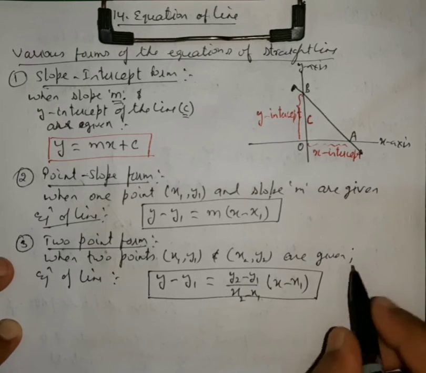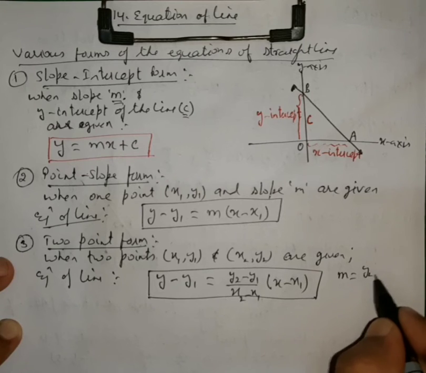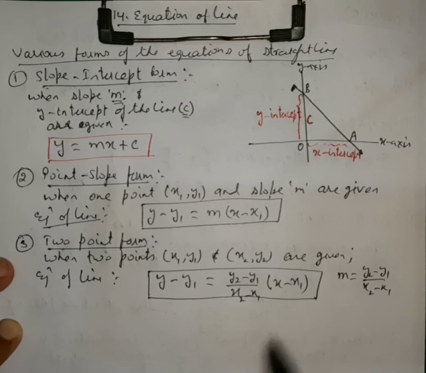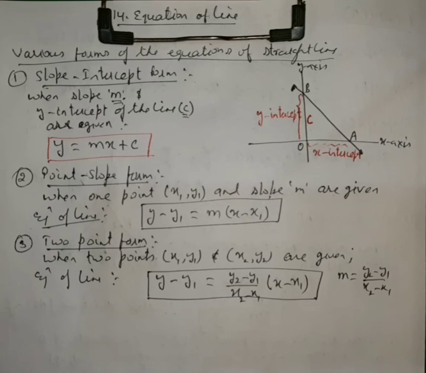So here m is equal to y2 minus y1 over x2 minus x1. So these two forms are almost similar.